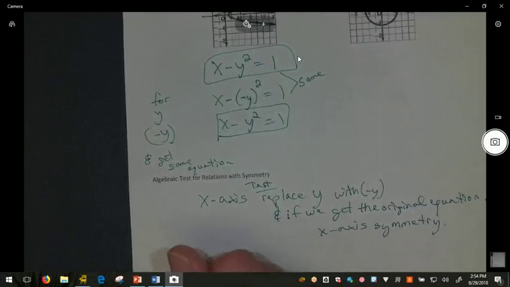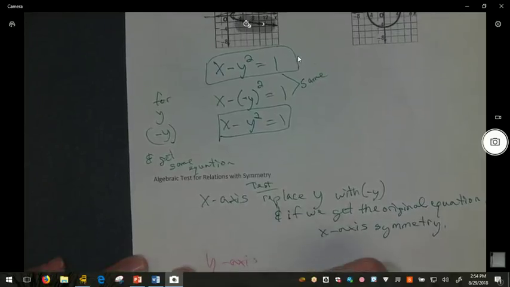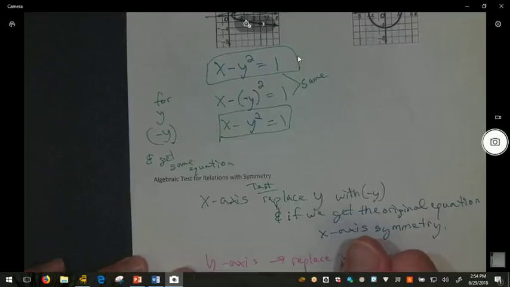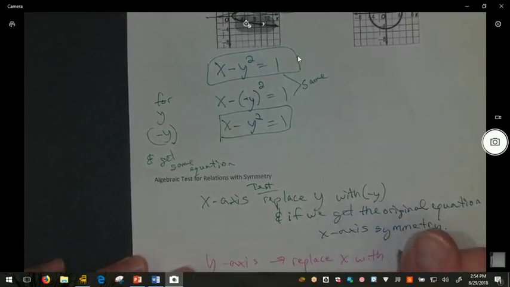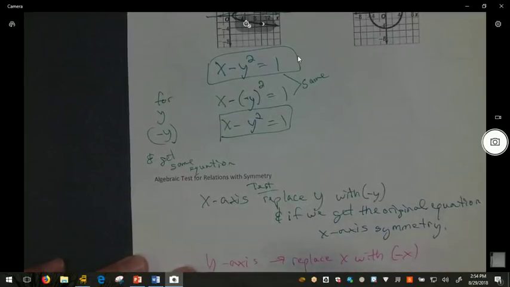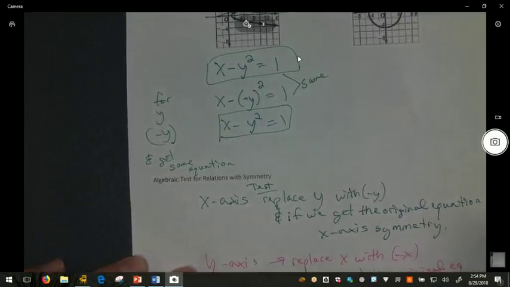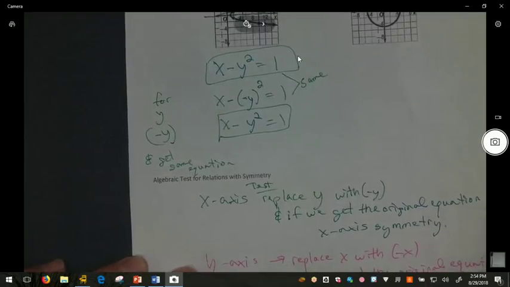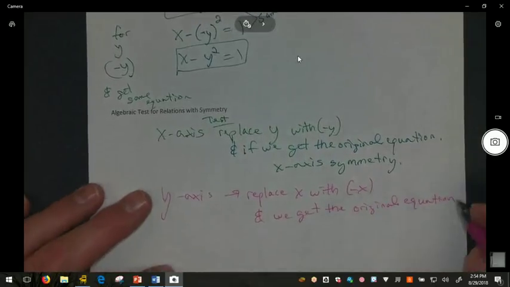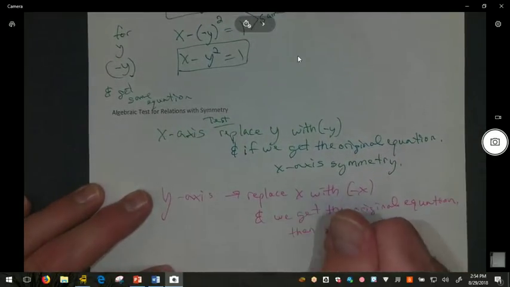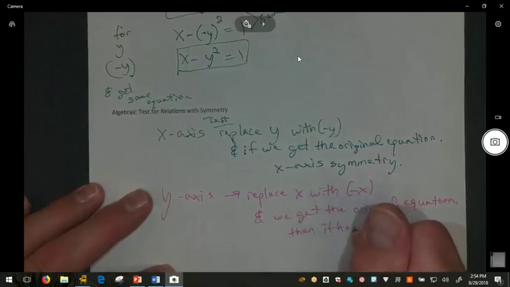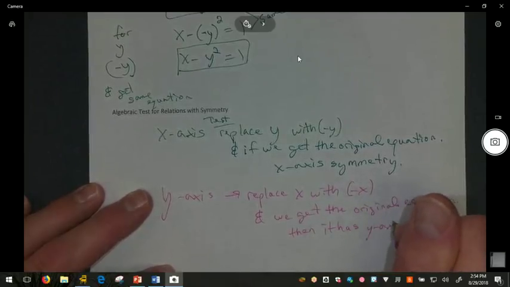Similarly, for y-axis symmetry, if we replace the x with the opposite of x, and we get the original equation back, then it has y-axis symmetry.